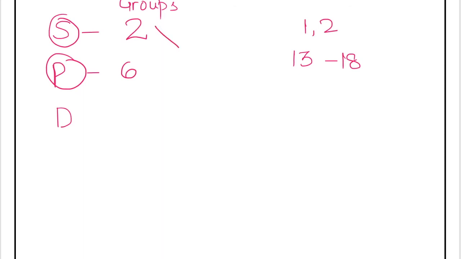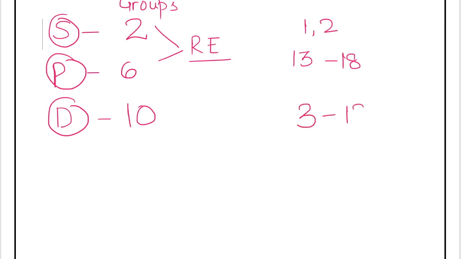When they come together, they are known as representative elements. The D block has 10 different groups, that is from group number 3 to group number 12. D block is also known as transition metals.